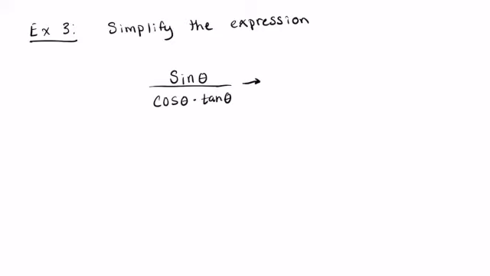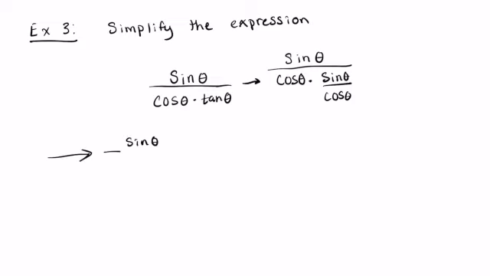So I'm going to rewrite this as sine theta divided by cosine theta times sine theta over cosine theta. Now, keep simplifying my problem here. I'll clean it up a little bit more over here. That's going to be cosine theta times sine theta over cosine theta.